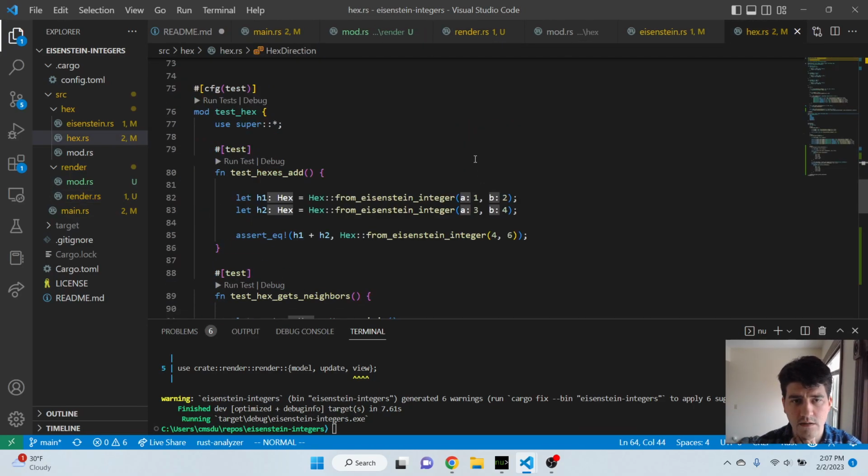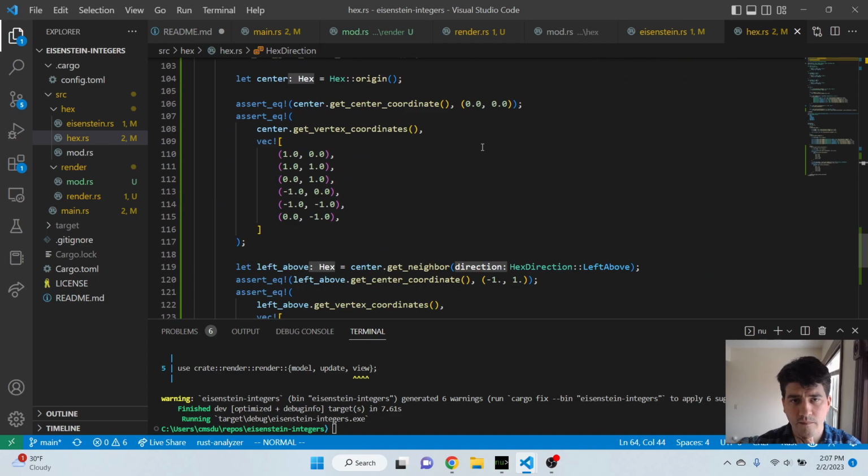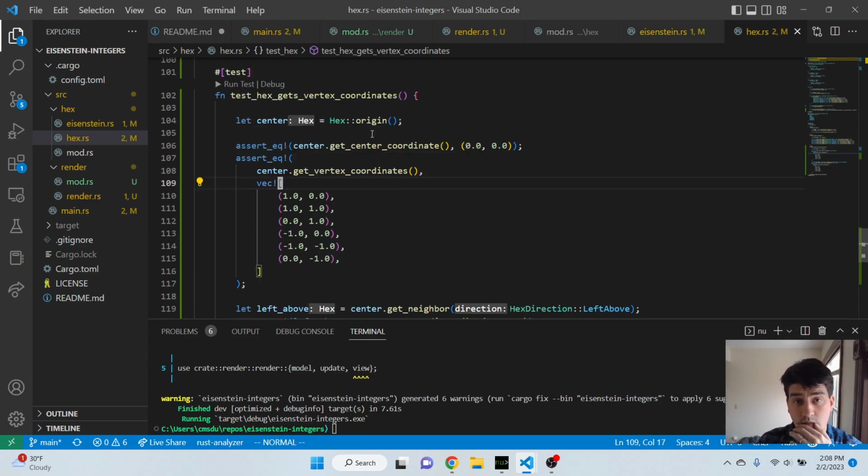Let's look at hex. Vertex coordinates. So 1, 0 is that way. Hang on. 1, 1. Wait, this is wrong. Okay, I see what the problem is. These are meant to be actual coordinates.